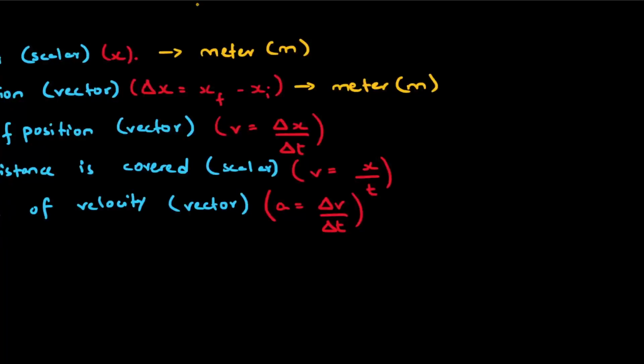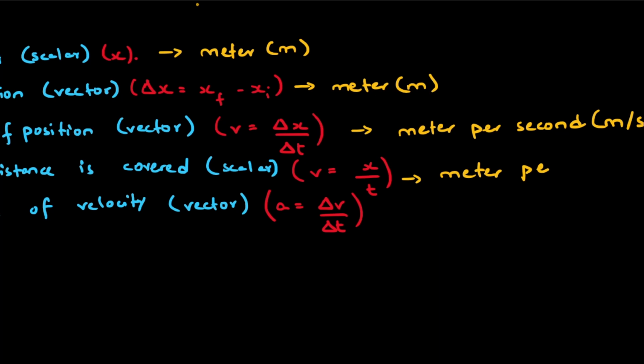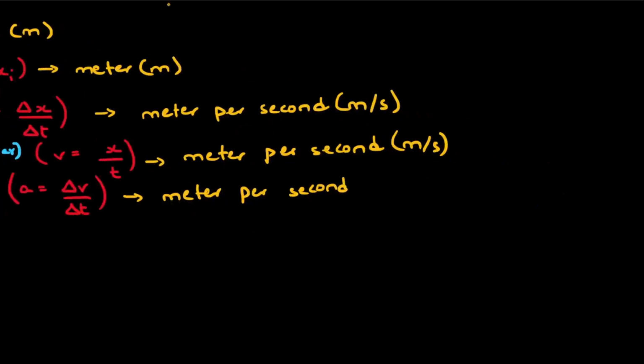The same goes for speed and velocity as well. Their units are meter per second, written as m/s. Finally, acceleration. This is meter per second squared.